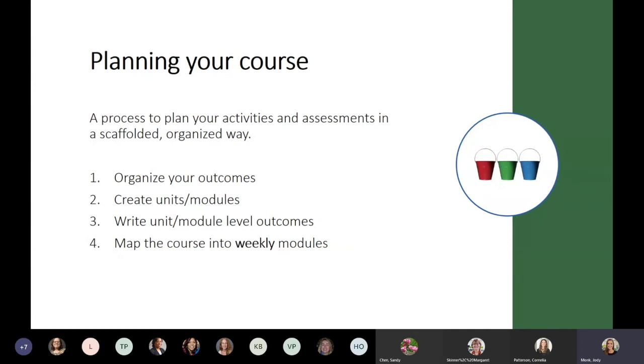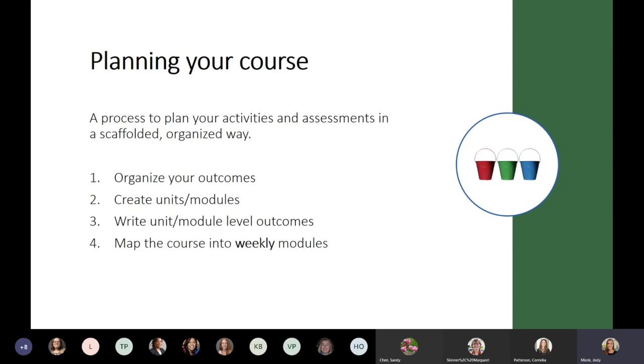We then will ask you, and we're going to give you all some time to practice this, to write module level outcomes. So we talked about course level outcomes, and many of you probably even have program level outcomes you're aiming for. But these module level outcomes are a little different because we get more into measurable pieces.